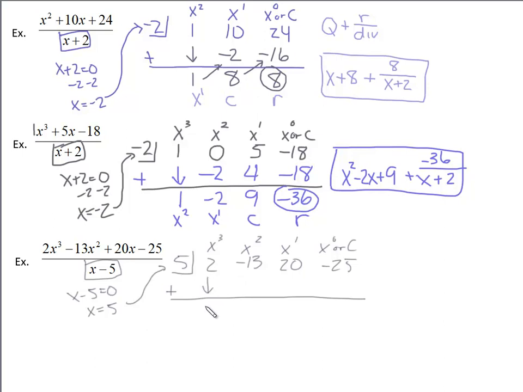And we start by dropping down our first coefficient. So 1 times 5, 1 times the number in the box gives me 5. When I add, we end up with negative 8. Negative 8 times 5 is negative 40. When I add, I get negative 20. And negative 20 times 5 is negative 100.